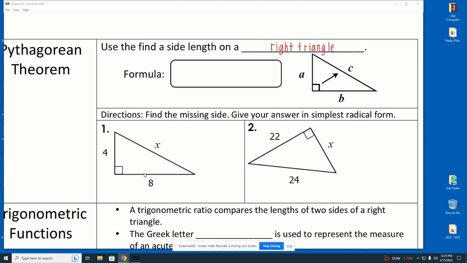We'll talk about that. Or it could be finding one of the legs. But to use Pythagorean theorem, you have to have two of the three sides to find the third one. Okay? You have to have two to find the third. What two you have doesn't matter, but you need to have two to find the third. So what is that formula? Listen, y'all. See? Y'all know this.